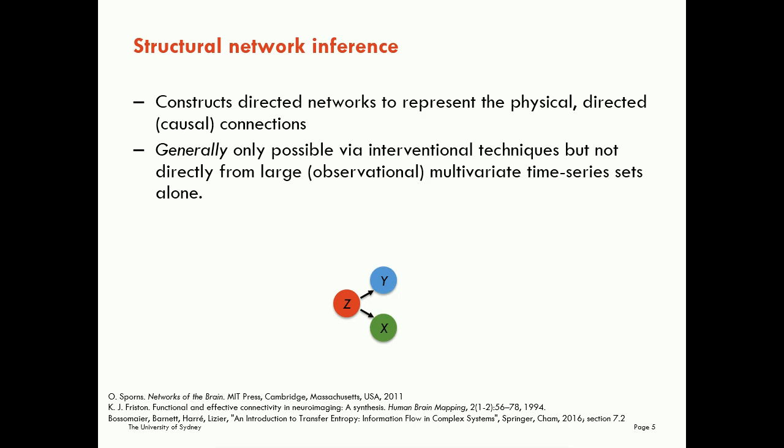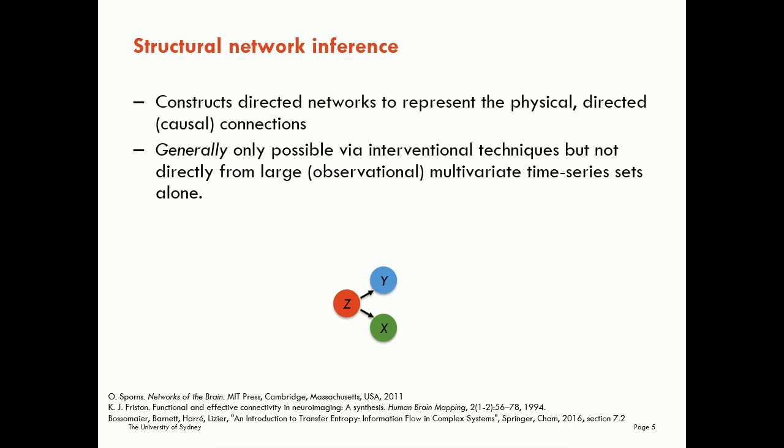This is something that we talked about in our previous lecture on information transfer when we contrasted it with causal effect. We talked about the Pearl interventional view of understanding causality, that we really need to intervene in the network to understand the causal effects. Okay, so that's exactly what we're talking about here. So generally, if we want to talk about the underlying causal structure, it's generally only possible to get to that via interventional techniques, but not directly from large observational multivariate time series sets alone.